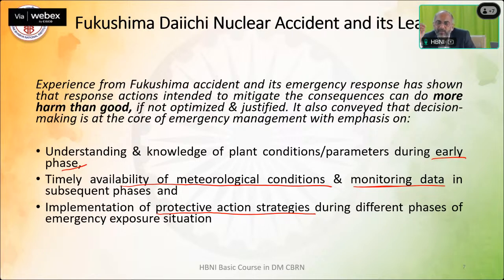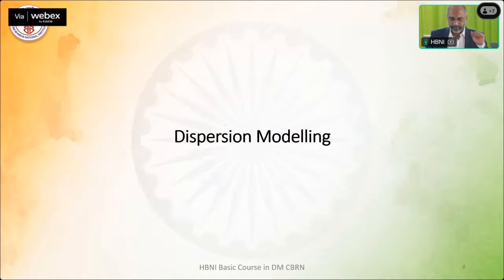And in the later phases, your strategy is going to be to reduce further stochastic effects or further improve the situation. So your protection strategy is going to be in accordance with the phases. Okay, so these are the important aspects that we learned from the Fukushima accident, and how we can ensure that we are addressing these gaps in our preparedness.